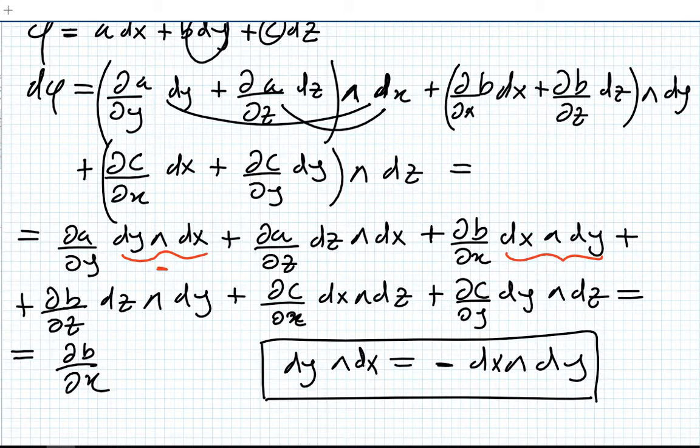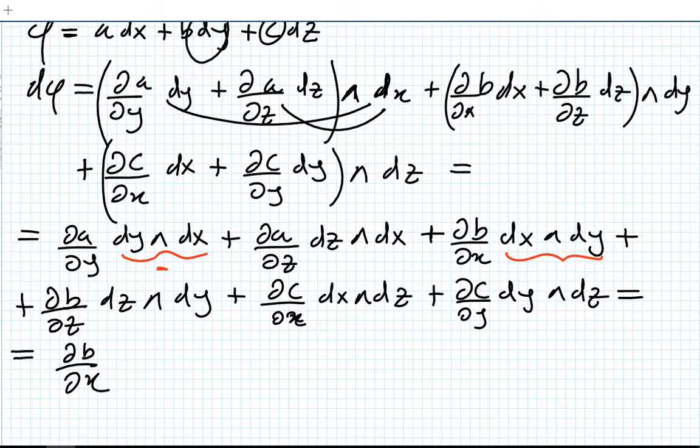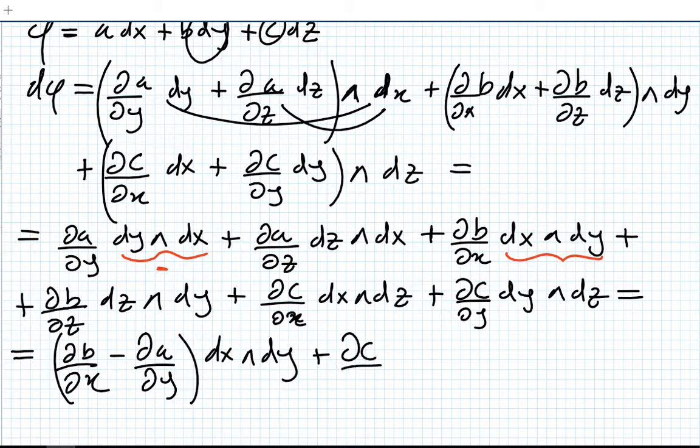This is a very important property, and I will show it in another video. Words are not important now. So dB/dx dx wedge dy, and this other one we have to change sign, so that will be dA/dy, with the sign changed, dx wedge dy, and now we can get them together.